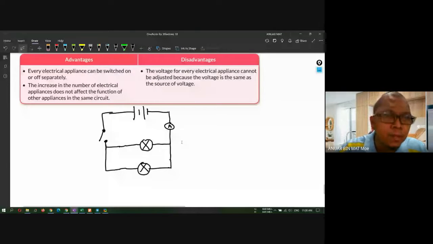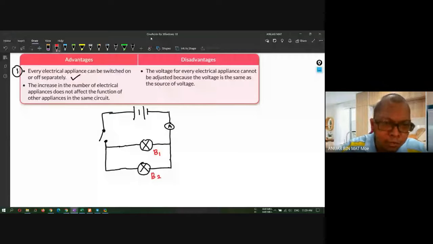Every electrical appliance can be switched on and off separately. Can you understand this? According to the parallel circuit in my schematic drawing, we have two components, bulb number 1 and bulb number 2, meaning that they can be controlled separately by using a switch.